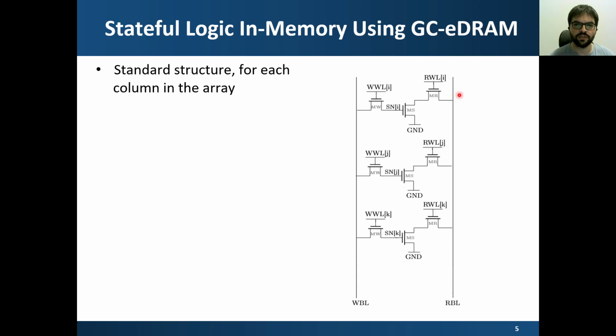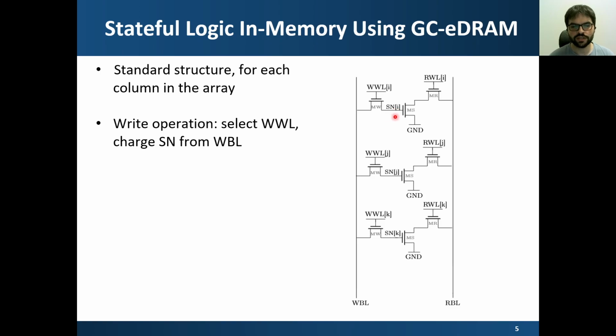And here we have an example of 3 bit cells or 3 rows. To write to a specific bit, we select the write word line, and we charge the storage node of the bit we want to write to, or discharge it using the write bit line. This is how we write.